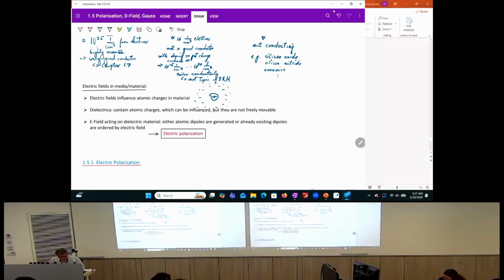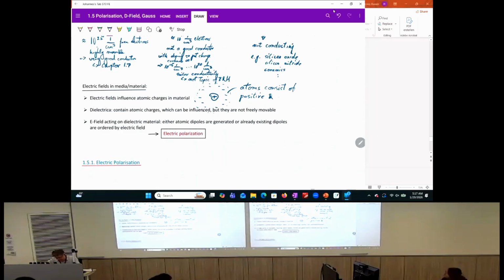They're orbiting around this nucleus, and you have atoms which all consist of positive and negative charge. So conductors will have electrons which are free to hop from one atom to the other.